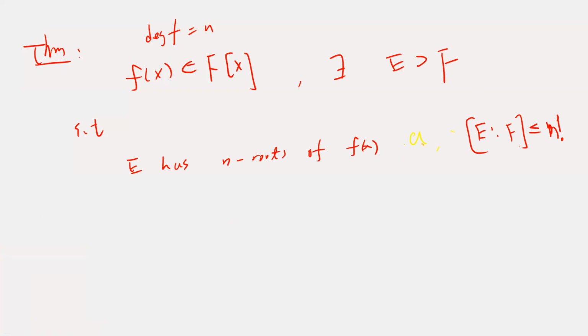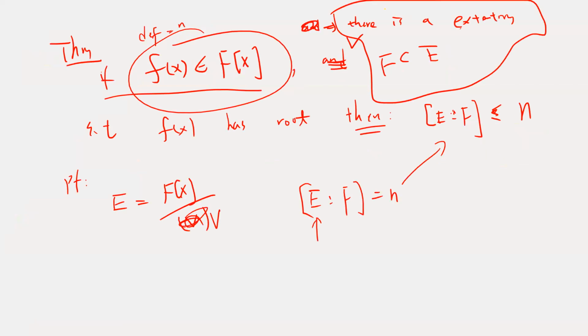Okay, so the proof I want to use is just induction. By the previous result, if there's a root, then [E : F] is less than or equal to n.